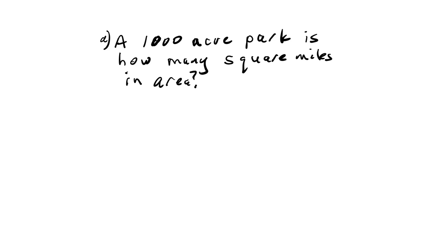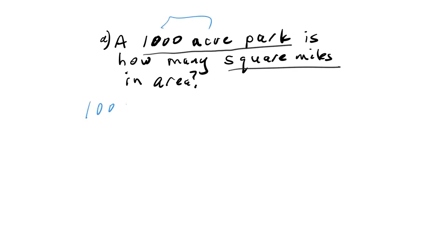Okay, so a 1,000-acre park is how many square miles in area? Okay, so I'm focusing on area here. What's my known term? Well, the one with a number and a unit. So that's my known term.